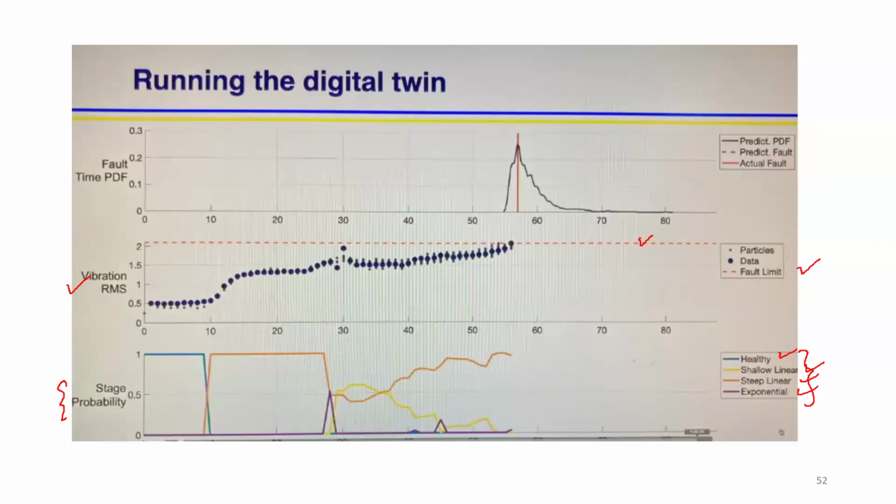Initially, the system is healthy, then it transits to the shallow linear degradation, and then to the exponential or steep linear degradation, yellow and purple lines. This shows the rapid degradation in this equipment.